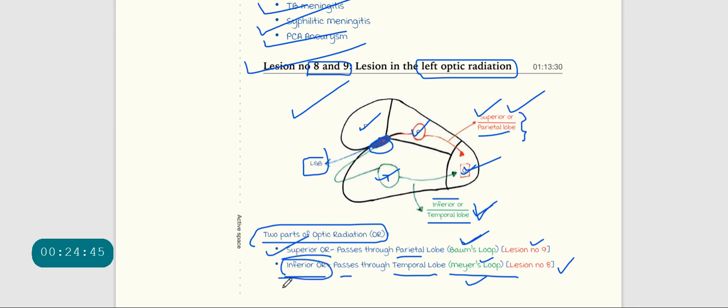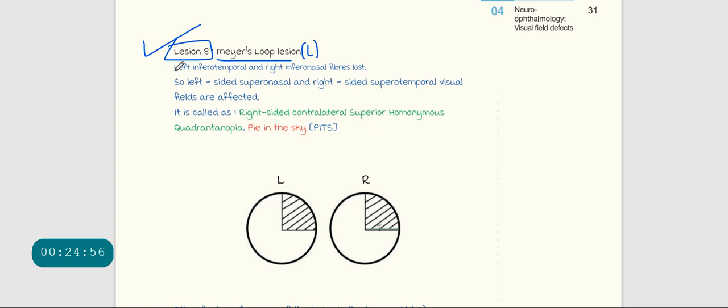So the left infratemporal and the right infranasal fibers are being lost. If these fibers are lost, which vision would be lost? Totally opposite to this. If the left infratemporal fibers are lost, then the vision lost would be superior nasal vision, obviously.